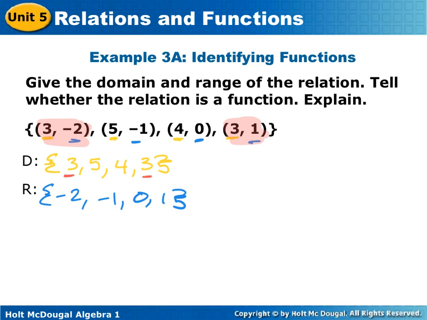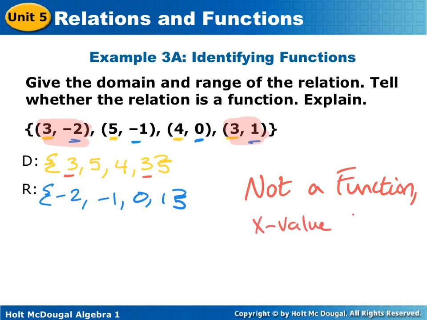Is that where I have the same x value go in 2 different directions? Yes, that is. So that means my x value repeats and it goes to a different location. Therefore, I would say this is not a function. And the reason I can say that is I have an x value that repeats.